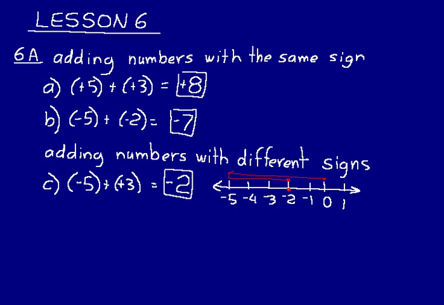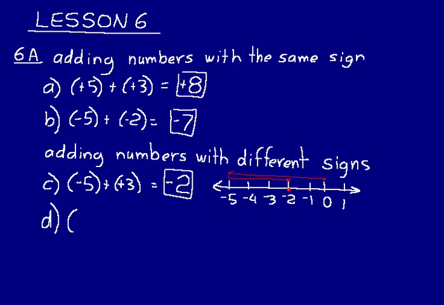So if you ever get confused on this, adding the way we're doing it now is kind of like a shortcut instead of having to work out a number line every time. But if you need to, at least visualize a number line in your head, and that may help you work with these problems and know why negative 5 plus a positive 3 equals negative 2, and why the rules work the way that they do as well.